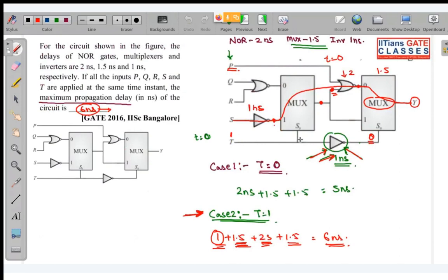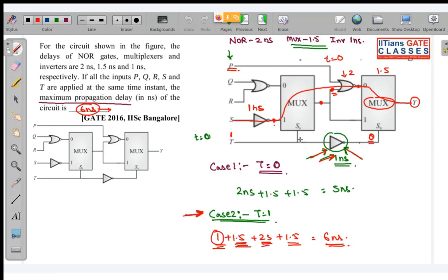If there was actually a change even before time equal to 0 nanosecond, the question would have already mentioned that. But if there is nothing, as usual we will assume that from time equal to 0 nanosecond we apply all the inputs and observe all the changes happening in the circuit.